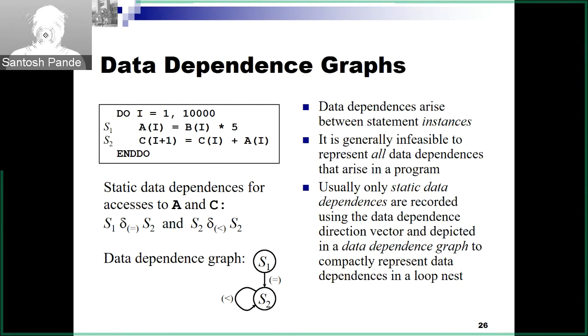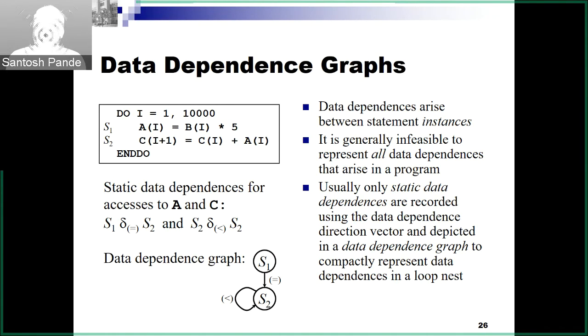Typically, in this case, you can see that A of I and A of I is equal in terms of flow dependence within the intra-iteration.